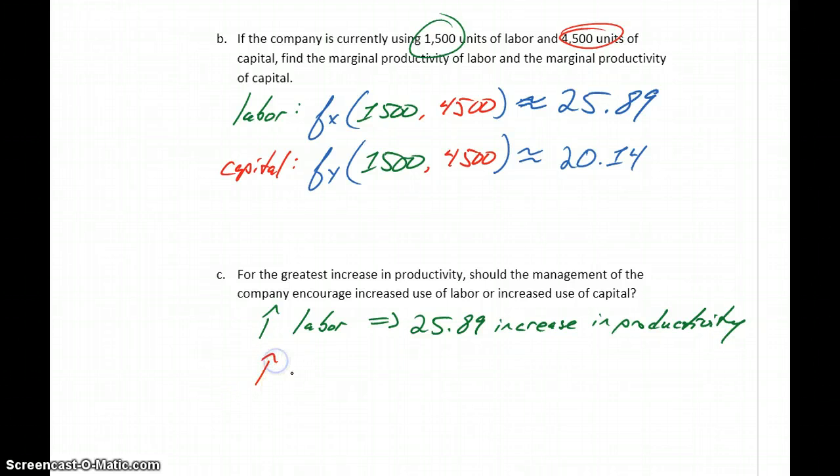If we increase capital, that's going to mean a 20.14 unit increase in productivity.